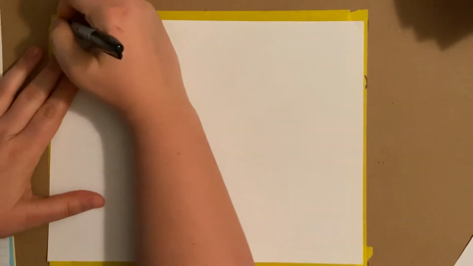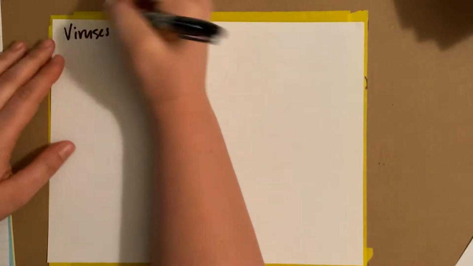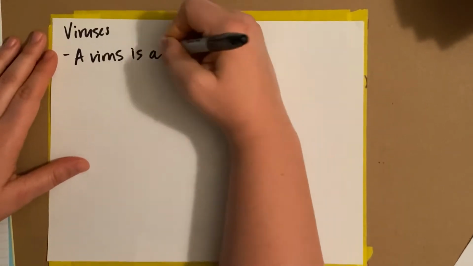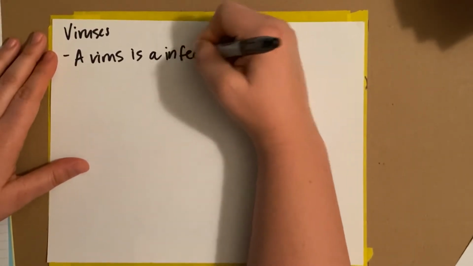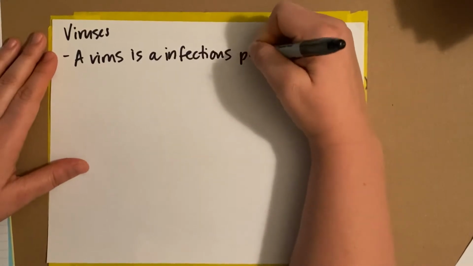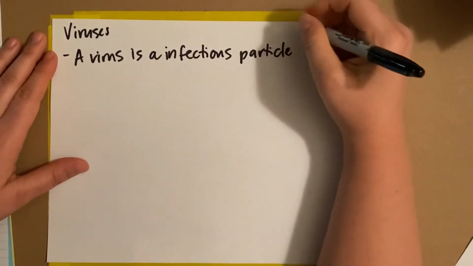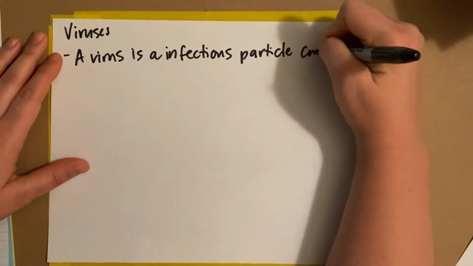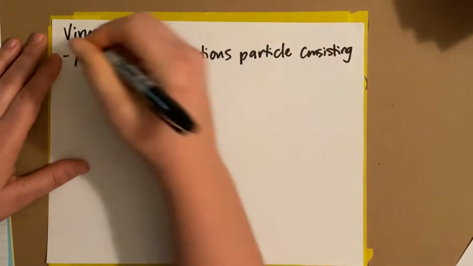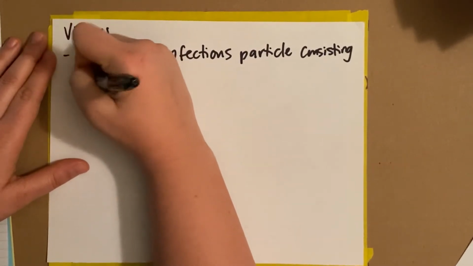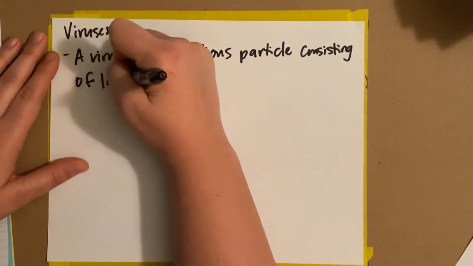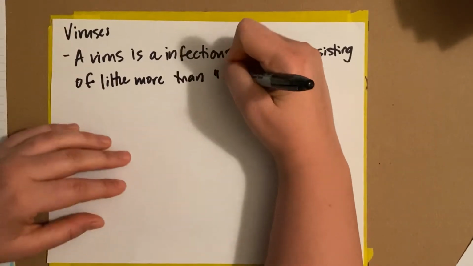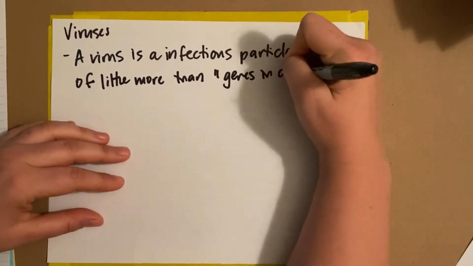All right, so viruses. A virus is an infectious particle. It's not an organism, and I'll talk about that in a second. A particle consisting of little more than genes in a box.